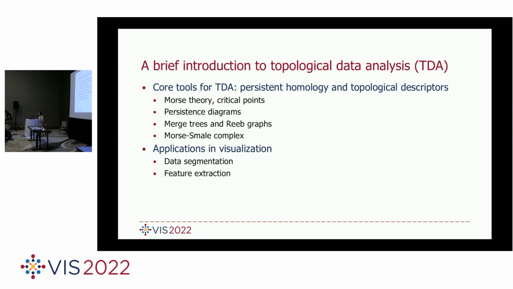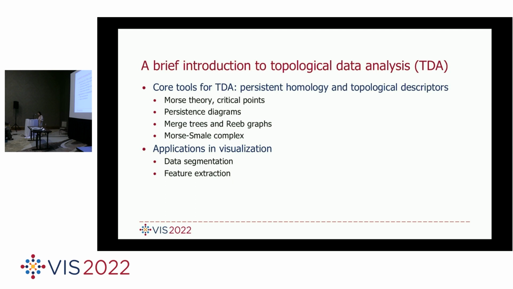Roughly speaking, there are 2 types of tools. One is centered around what's called persistent homology, and one is centered around topological descriptors. And both of those are originally rooted in what's called Morse theory. And at the core of Morse theory are what's called critical points of a Morse function.